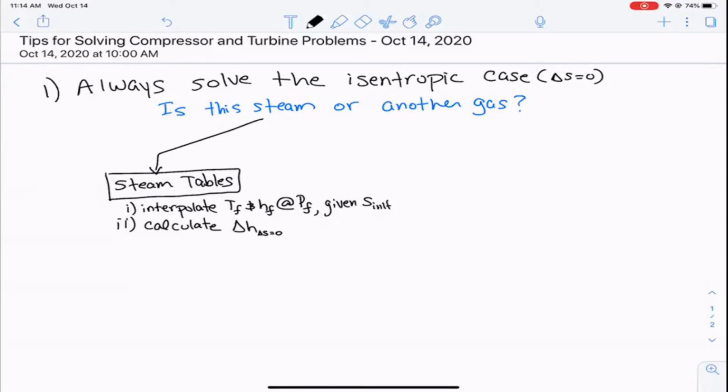If it's not steam, if it's some other gas, well, instead of using the steam tables, we have equations that we've used.